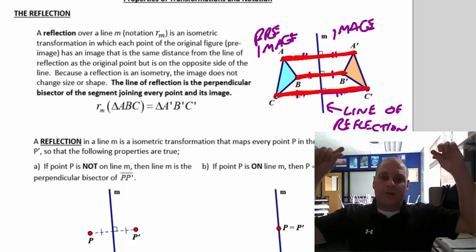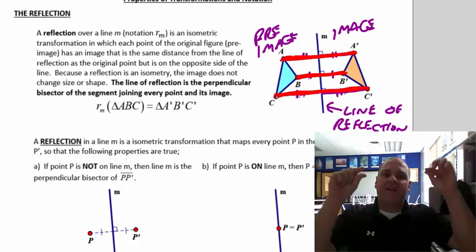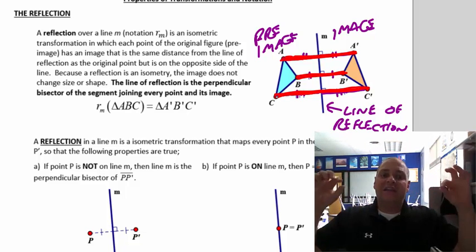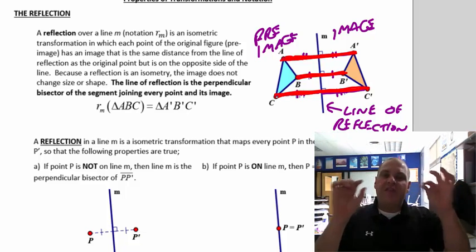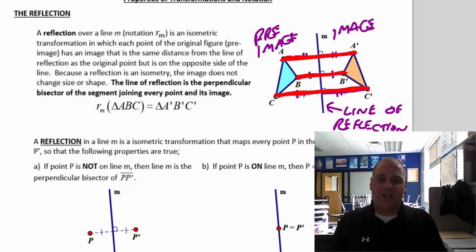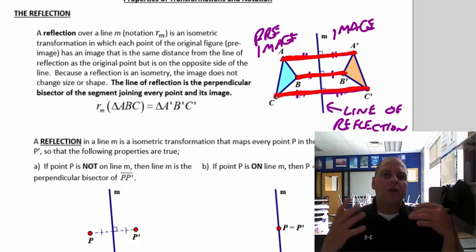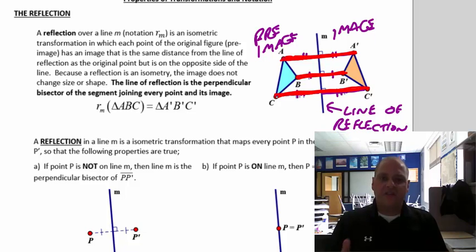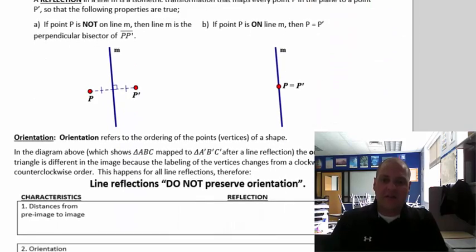So the distance from A to A prime is different from B to B prime and from C to C prime. That means that reflections do not preserve distance. Distance is not preserved in a reflection. When they ask you what preserves distance, you'll be picking that a reflection does not.